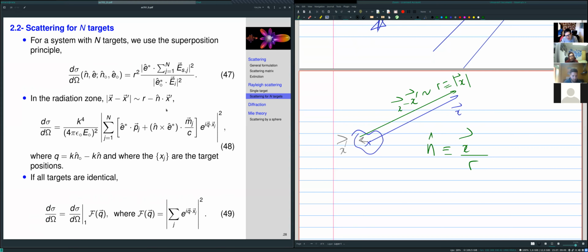It is a Taylor expansion; you write this down in Cartesian coordinates and do the Taylor expansion. And so when you plug this in, you end up with this oscillating term here.